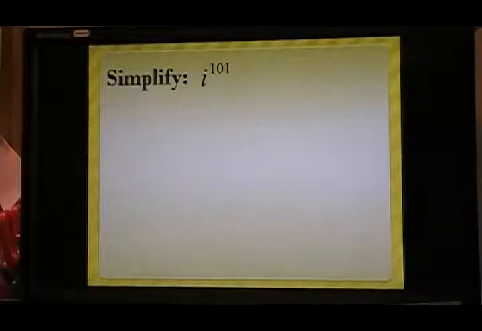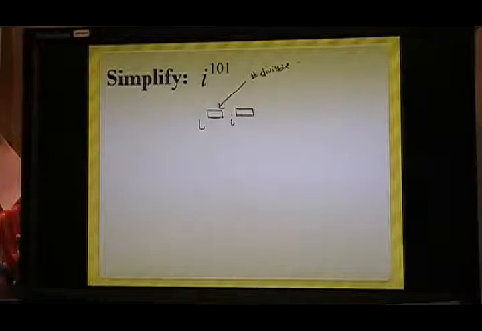Let's do one more. Simplifying i to the 101. I'm trying to think about how to split my i's. What I'm going to put here is a number that's divisible by 4. That's what we mean when it's a multiple of 4. And not only any number, but the multiple of 4 that gets us closest to 101.